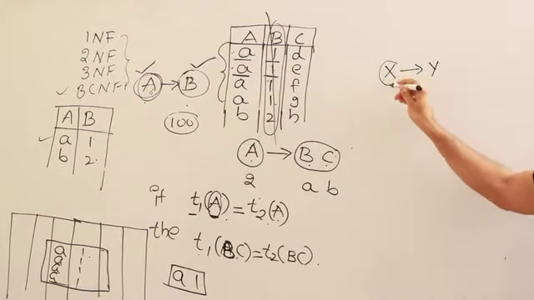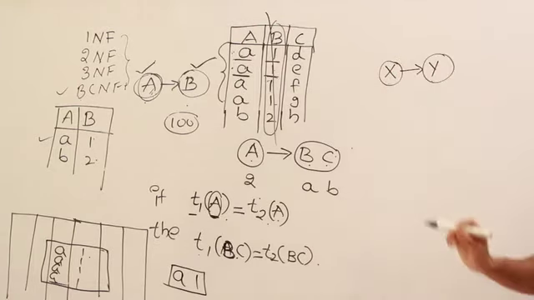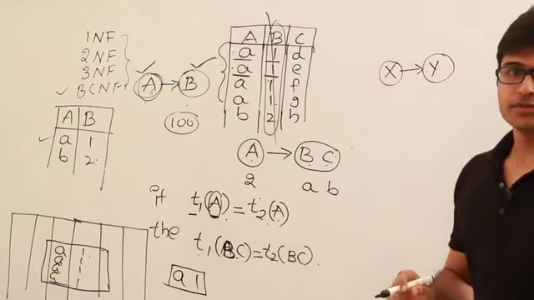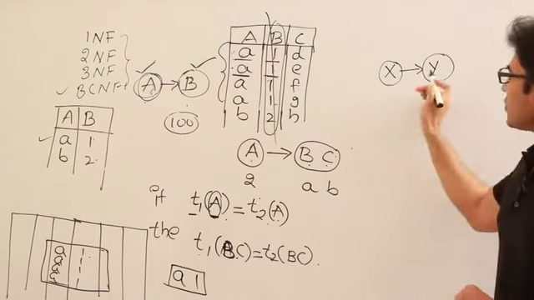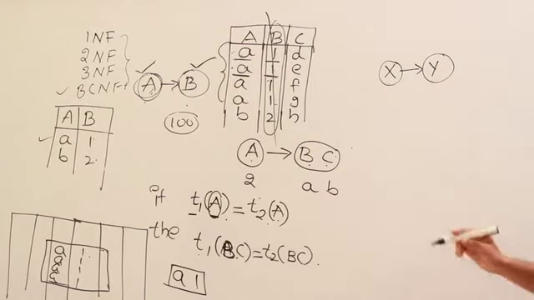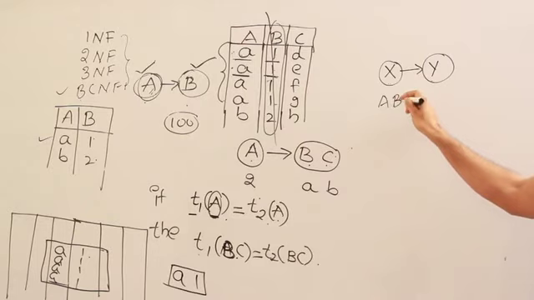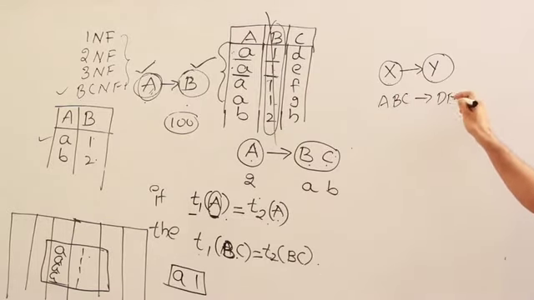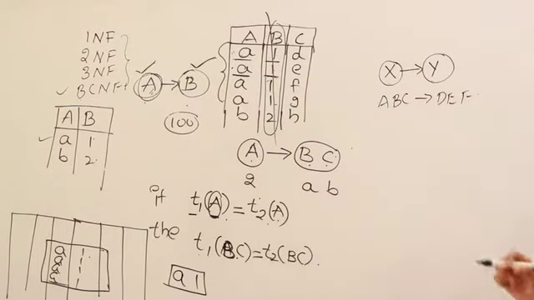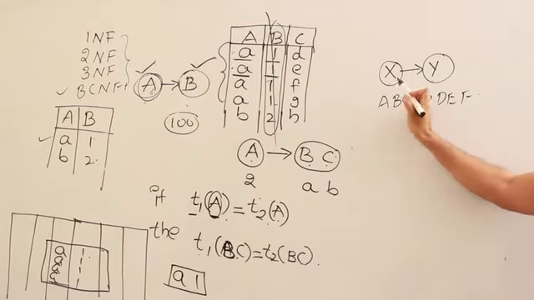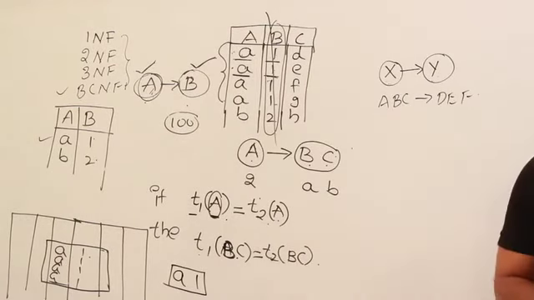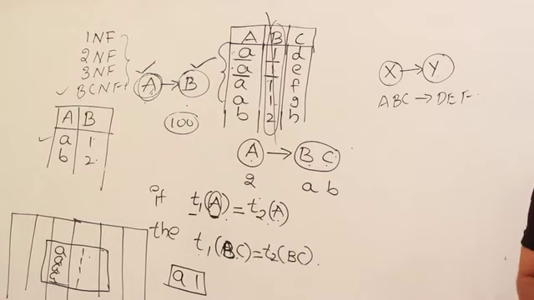Now x and y can be a collection of attributes or a subset of attributes, okay. So x and y need not be single symbols. They can be like a b c determines d e f, something like this, right? And now, based on what x and y contain, we are classifying these functional dependencies into three types.